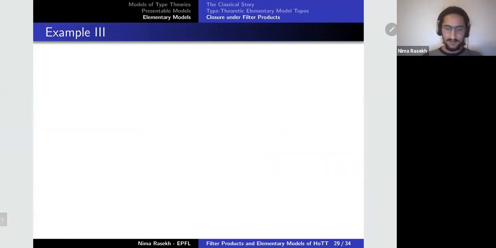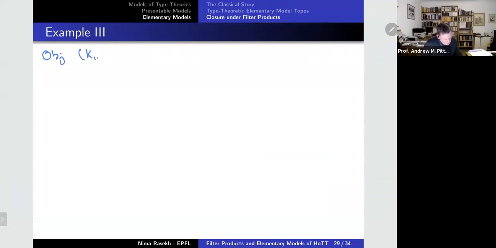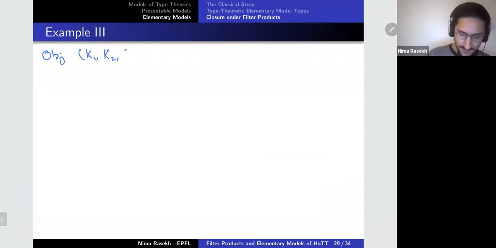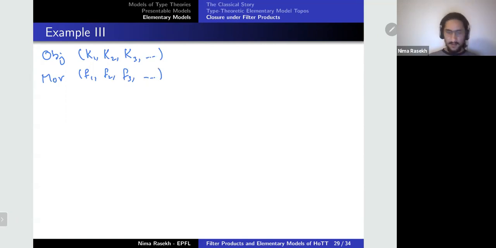Let's study this category more carefully. The example is more of an excuse to tell you what the category is. So what are the objects? Objects are tuples like this, indexed by the natural numbers. And morphisms are, well, let's just stick with this. Tuples like this. And then I have to say I can identify morphisms like this. And when do we identify them?